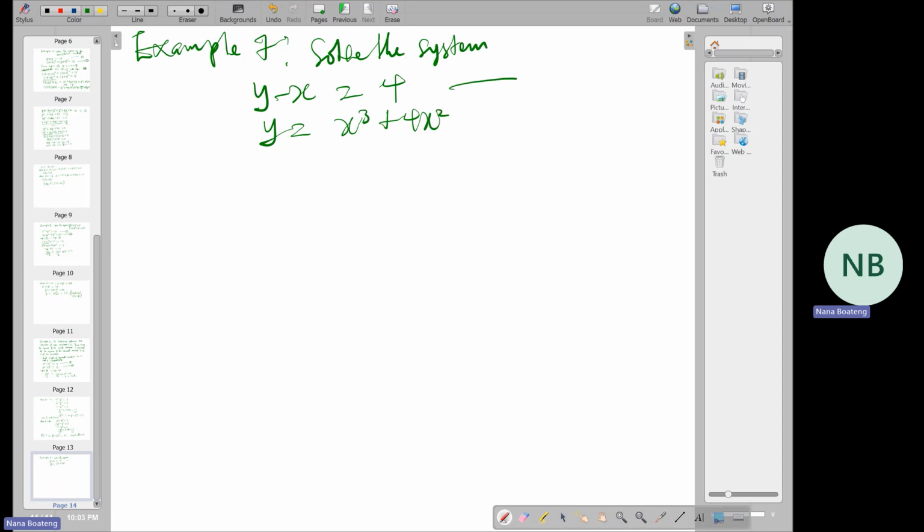So we have two equations, and we have to solve these equations.